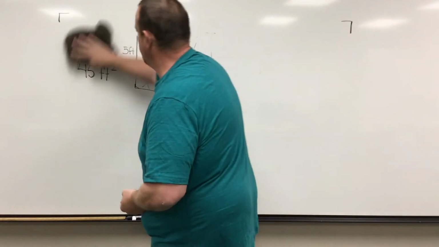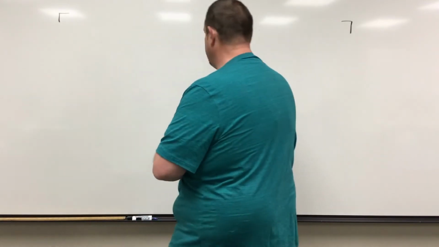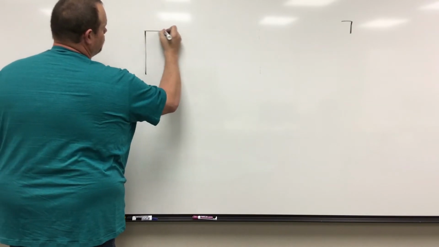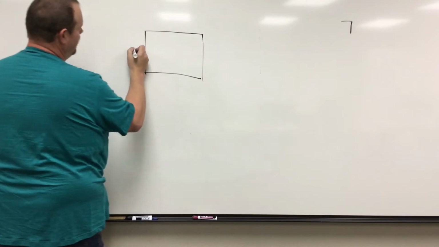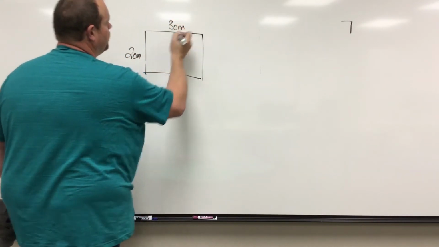So let's give another example. Okay, let's just go right to a box. I've got a rectangle here. And let's say this is 2 centimeters. And this is 3 centimeters.